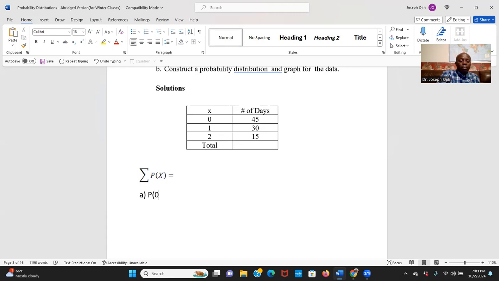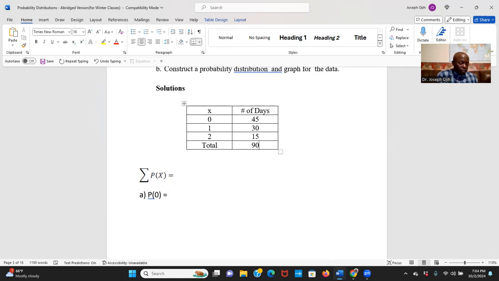the probability of 0 equals the number of days they didn't rent any chainsaw, which is 45 days, out of the total. First of all, we need to find the total, because you need the total to calculate the required probabilities. 45 plus 30 plus 15. 15 plus 45 gives us 60, plus 30 gives us 90.